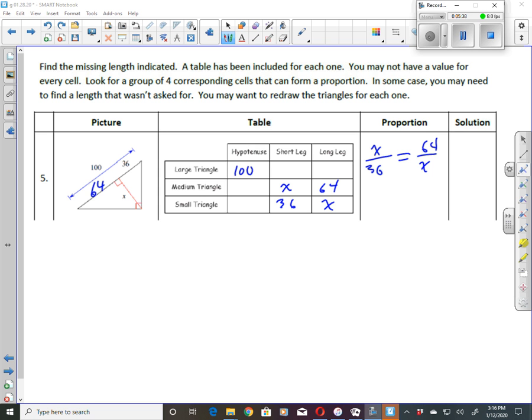If I were to go ahead and cross multiply, I'm going to end up with x squared equals, and I'm going to say 36 times 64. Now I didn't multiply those on purpose because I want to take the square root, and those are already perfect squares. So if I take the square root of this, I will end up with x equal to the square root of 36, which is 6, times 8.